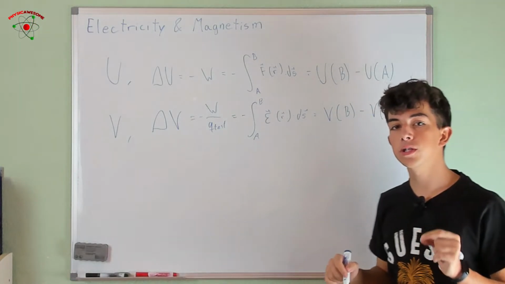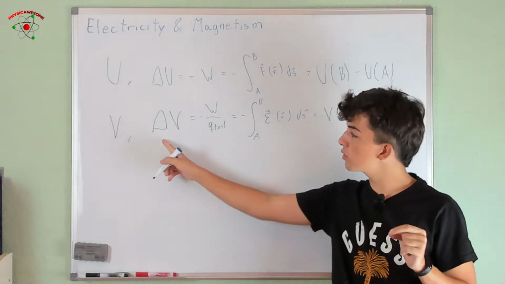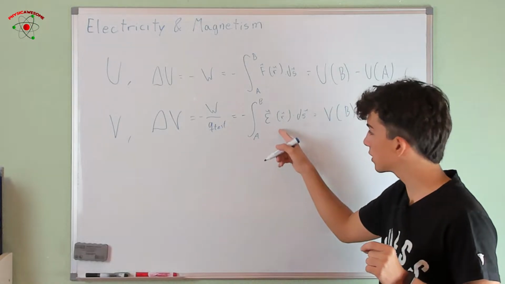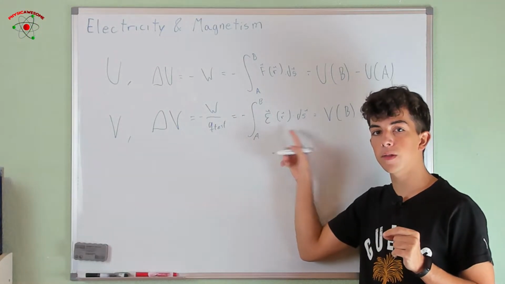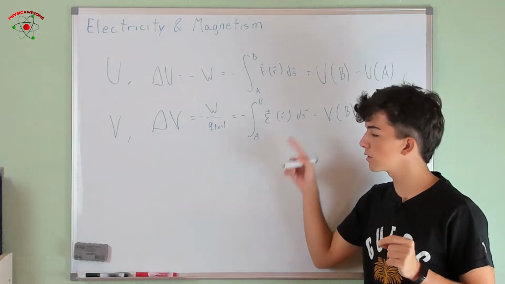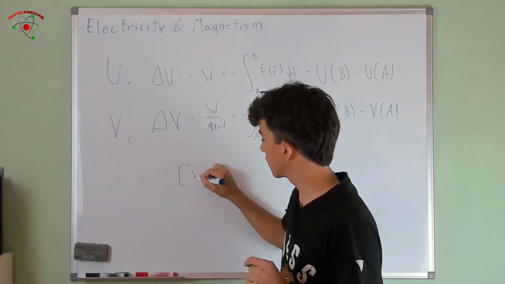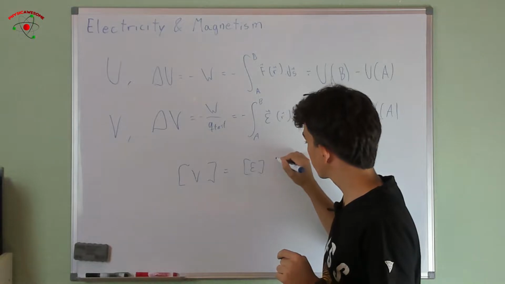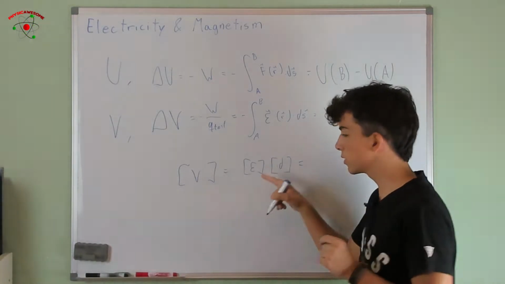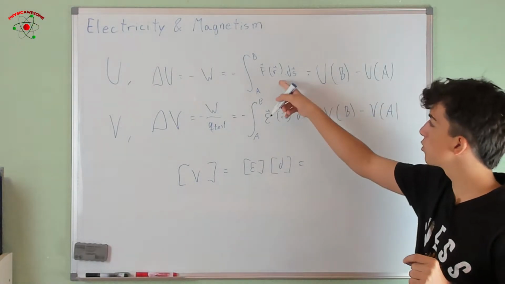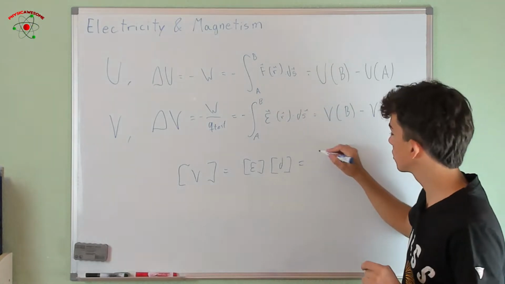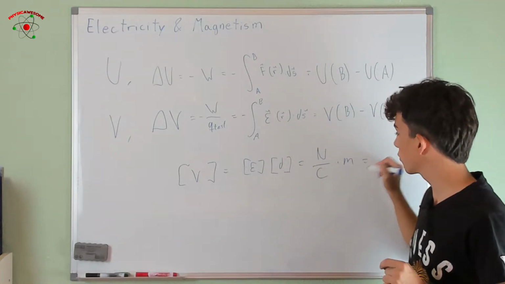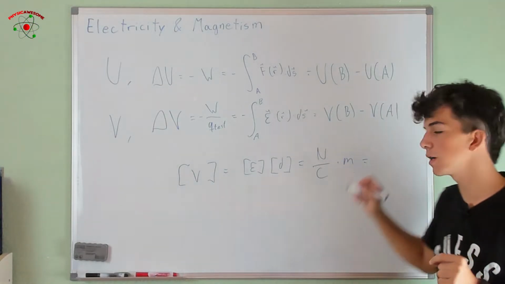Now it's also interesting to analyze what the units of this electric potential are going to be. You can see from here that it is going to be the units of the electric field times the units of distance, which, if you recall correctly, is newtons over coulombs times meters, and we can combine newtons and meters to find joules.